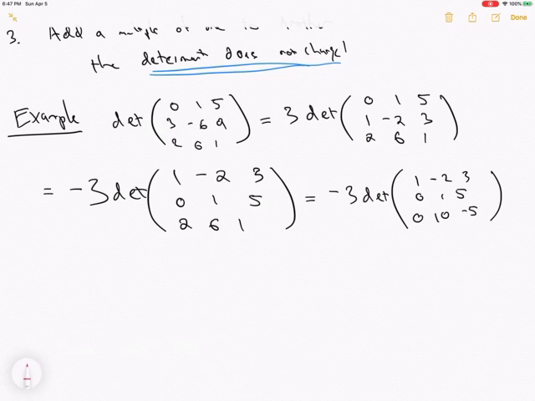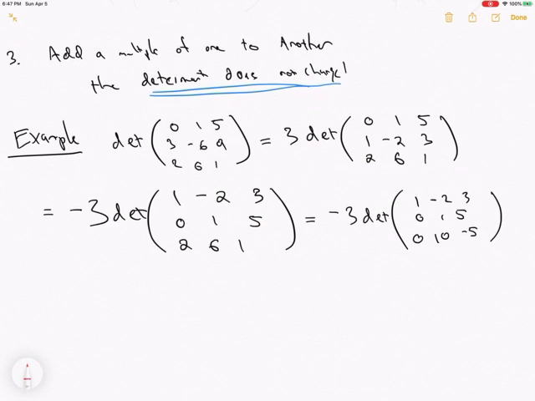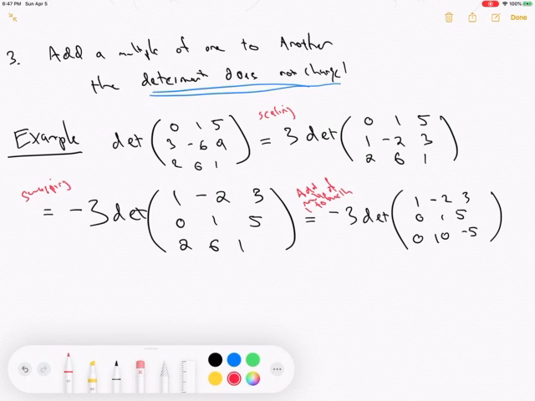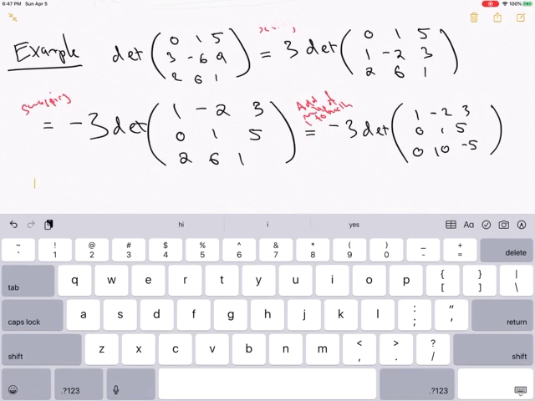Here we did a scaling operation, here we did a swapping, and here we added a multiple of one row to another, which won't change the determinant at all. Since we scaled, that's where the 3 comes from, and then we swapped, that brought out a negative, and then we subtracted a multiple. Here we subtracted 2 times the first row from the third row, and that doesn't change the determinant.